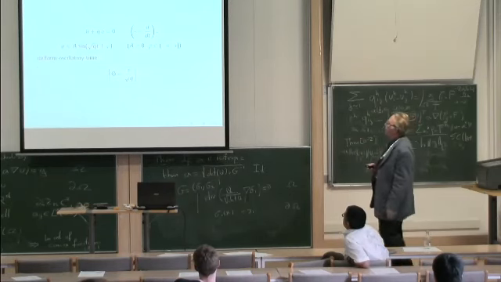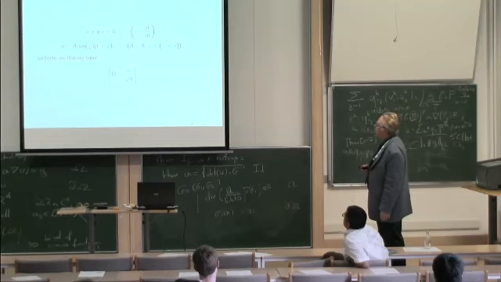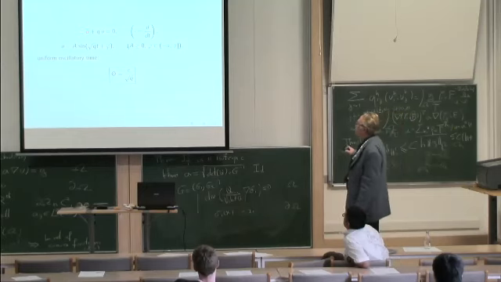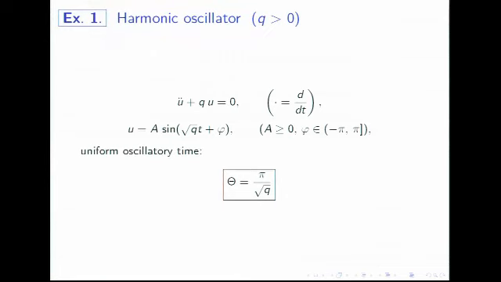A few examples. Harmonic oscillator is governed by the equation u double dot plus q u is equal to 0, where dot is the derivative with respect to time. And if q is greater than 0, the formula for all non-zero solutions is known.